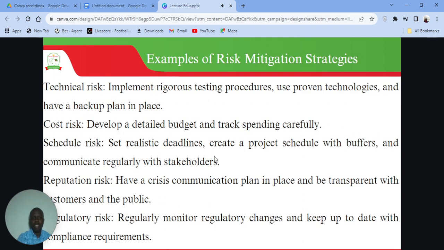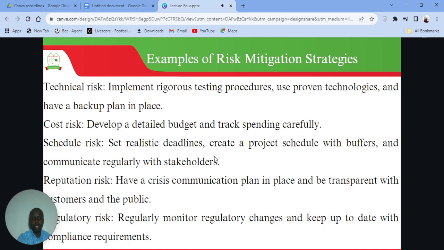Examples of risk mitigation strategies: we have technical risks, and we have cost risk, where you need to develop a detailed budget. We also have schedule risk and reputation risk. We have a crisis communication plan in place. Reputation, remember, is all about the image of the company.